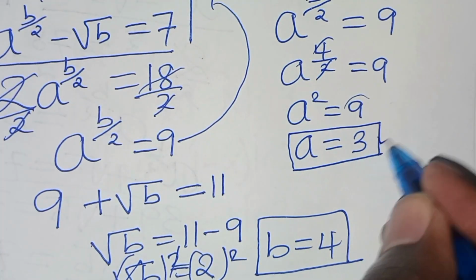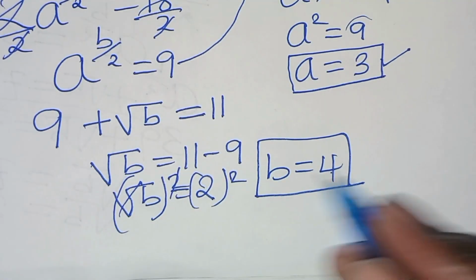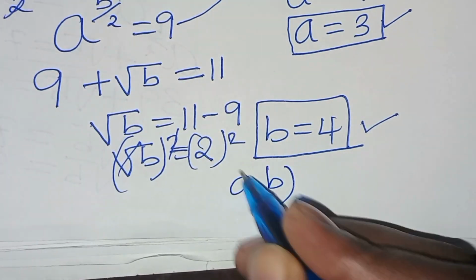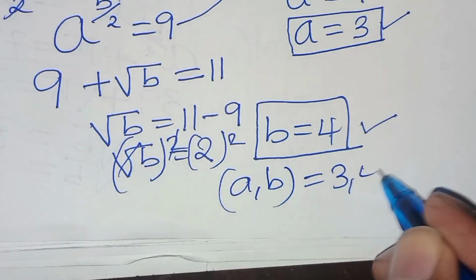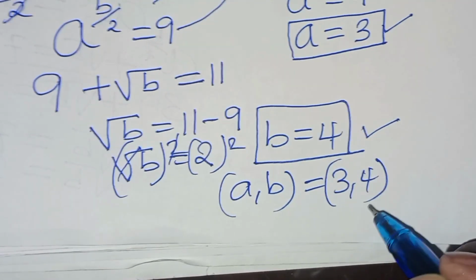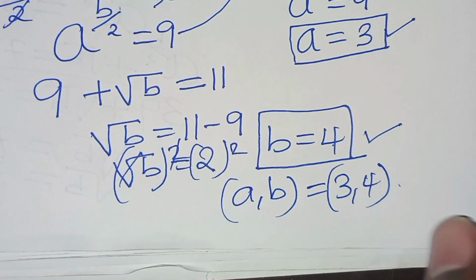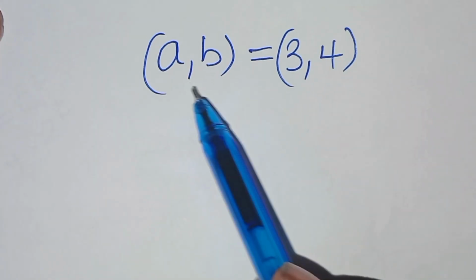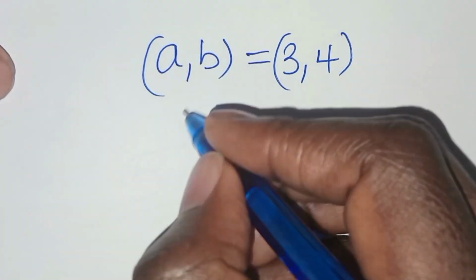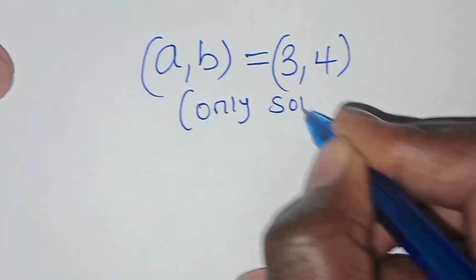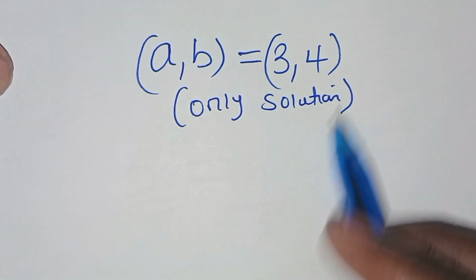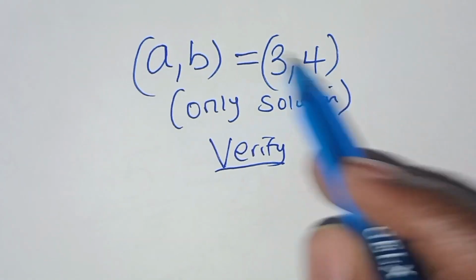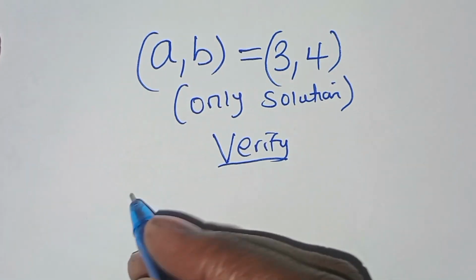So you can see that a is a natural number and b is also a natural number. So that means that (a, b), that is (3, 4), is the only solution that satisfies the equation. Okay, so let's verify that this solution actually satisfies the equation.